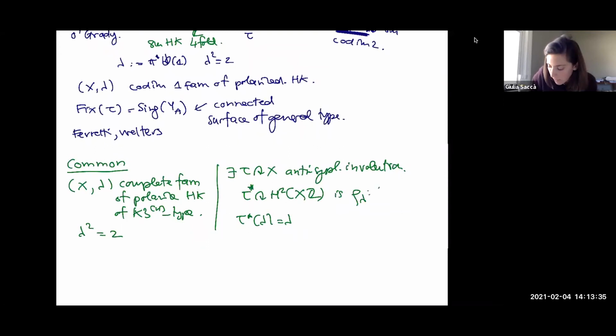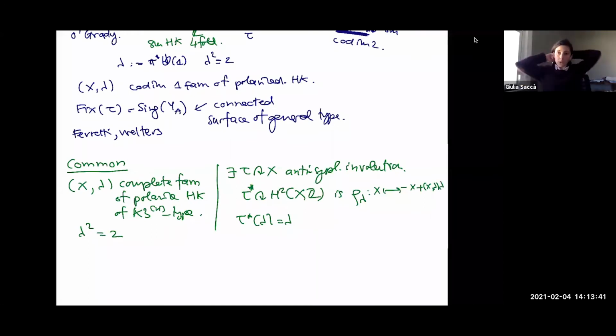So it acts like x goes to -x plus (x.lambda) lambda. Lambda has square 2, so this is a nice sort of involution, and it turns out that all of these examples have this in common. Okay, so how do you distinguish the first example, where you have 2 components and a Fano component, from the other 2 examples, where there's a connected fixed locus and a general type fixed locus?